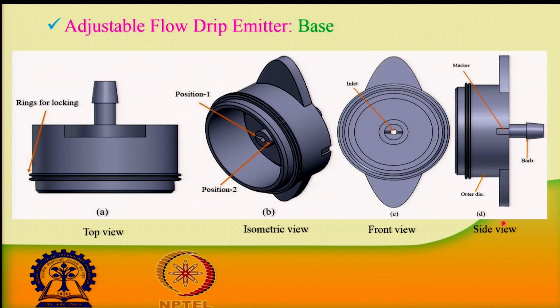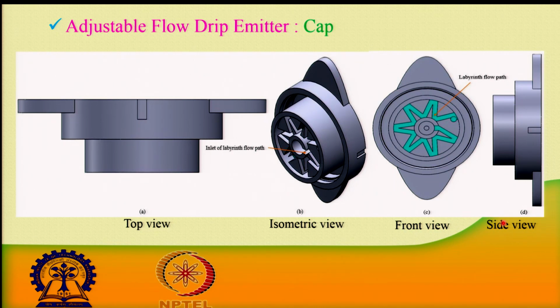So, different views of the base of this adjustable flow dripper have been shown here, and then the top part of the dripper, which is the cap. If I see it from the top view, the cap looks like this, but behind this the whole theory is involved.